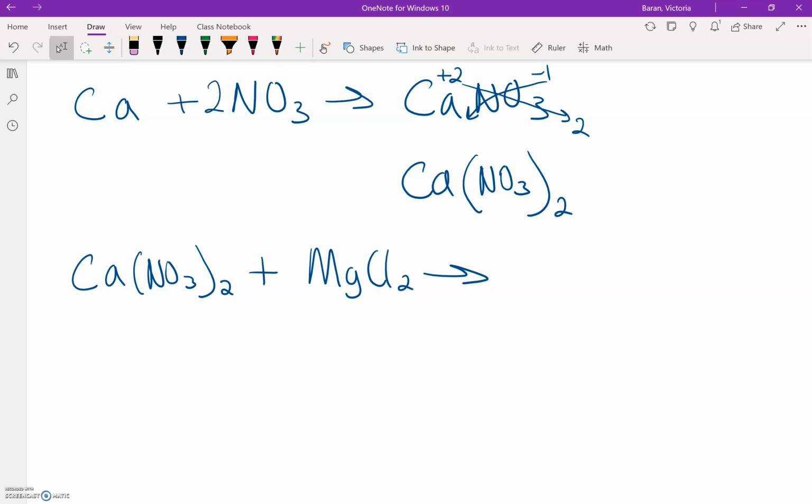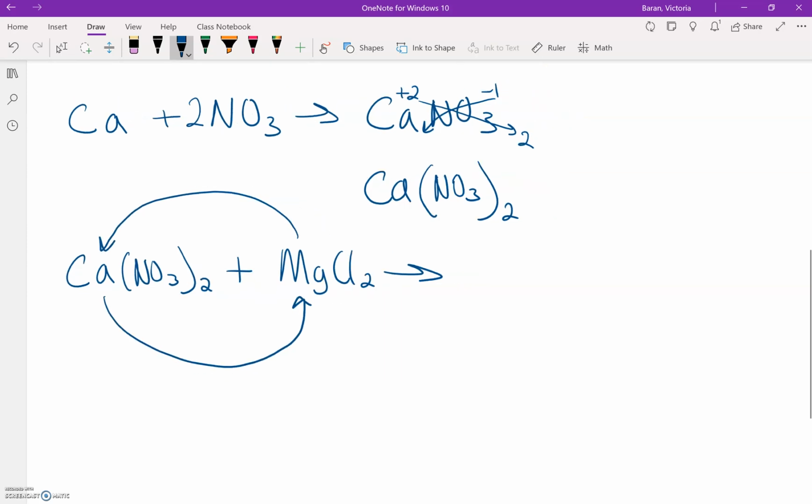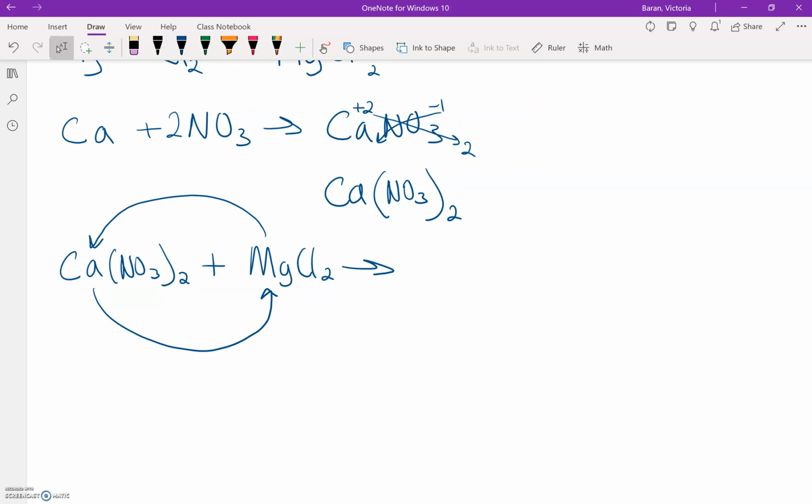So what I do is I switch the first two elements with each other. So now the Mg is going to be with the NO3, and the calcium is now going to be with the chlorine.